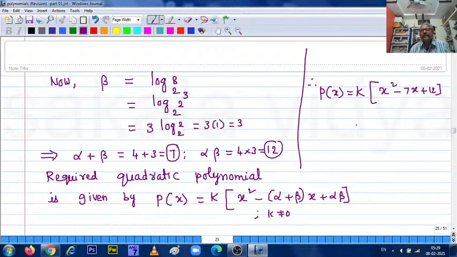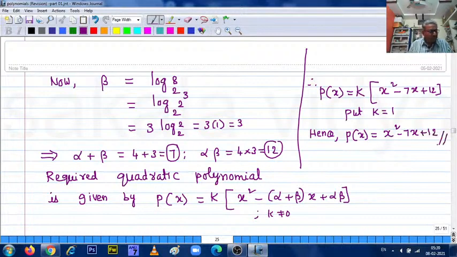You can take any k value. So now put k is equal to 1. So hence you get p of x equals 1 into x square minus 7x plus 12. So that is x square minus 7x plus 12. So this is the answer.